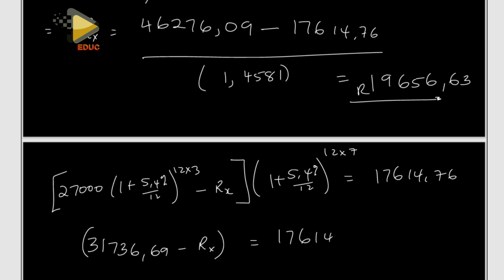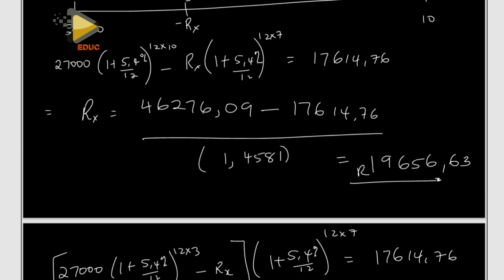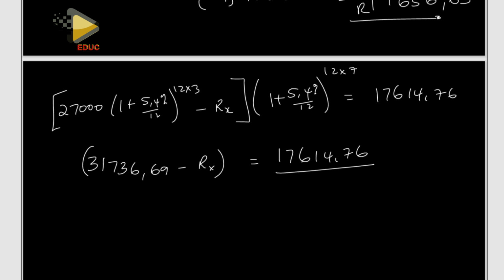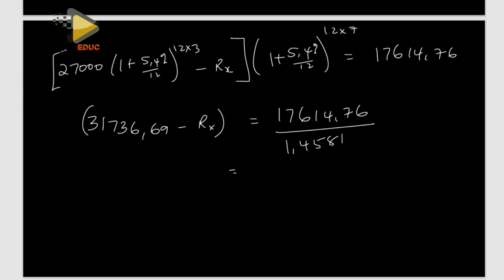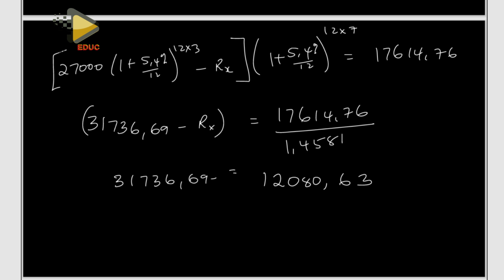So 17614.76 over this growth factor, 1 plus 5.4% over 12 to the exponent 84, which is giving me 1.4581. If I divide that, I'm getting 12080.63, which is equal to 31736.69 minus Rx, and then just switch around.